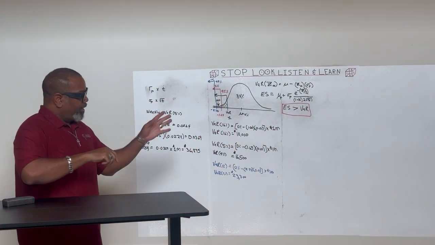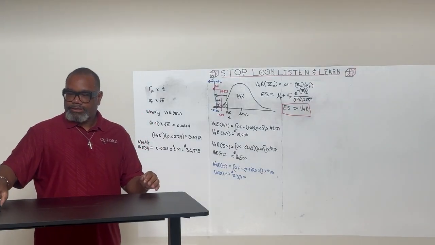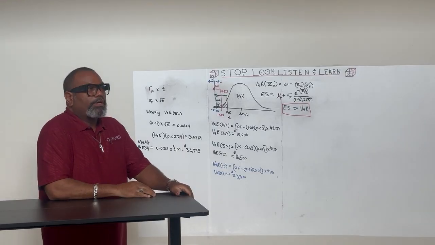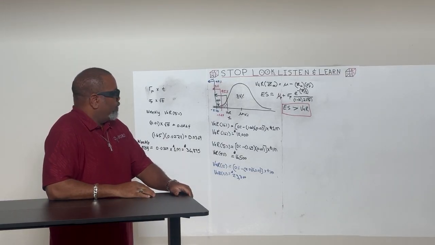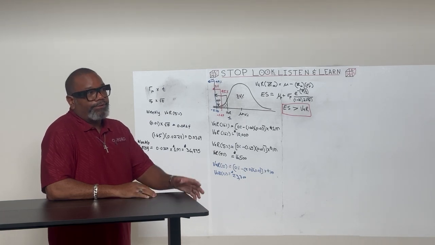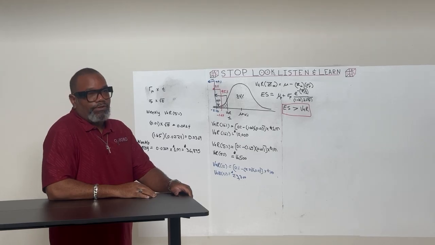Expected shortfall gives you some sense of what the actual losses are likely to be if you find yourself in the lower, undesirable part of the universe, and that's the average of all those losses.